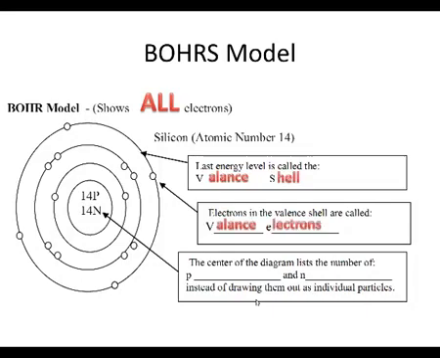So it's kind of like us being in Fulton schools, therefore we are Fulton students. The valence shell contains the valence electrons. The center of the diagram lists the number of protons and the number of neutrons, instead of drawing them out as individual particles.